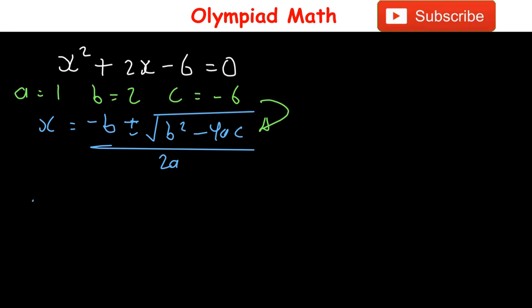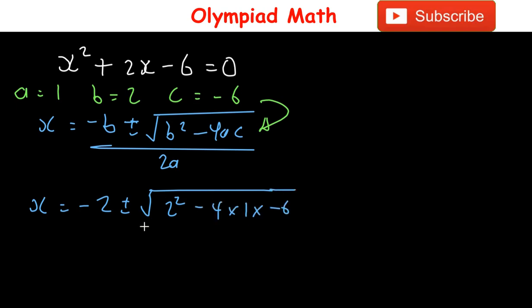We have the solution of x to equal minus b, which is 2, plus or minus square root of b squared, b is 2, so 2 squared, minus 4 times a, which is 1, times c, which is minus 6, and this is then divided by 2 times a, which is 1.